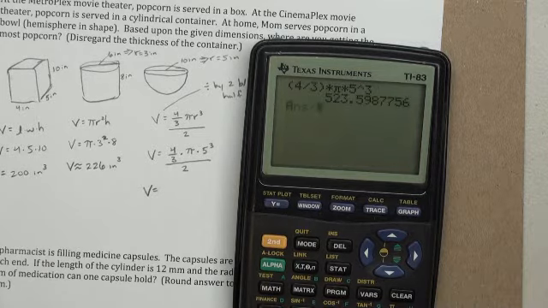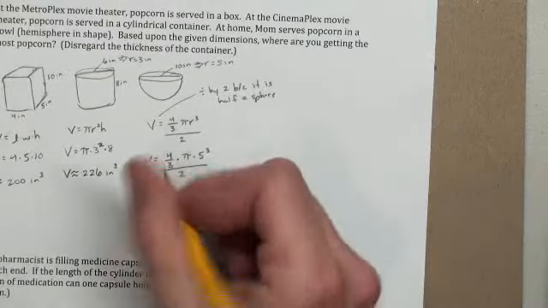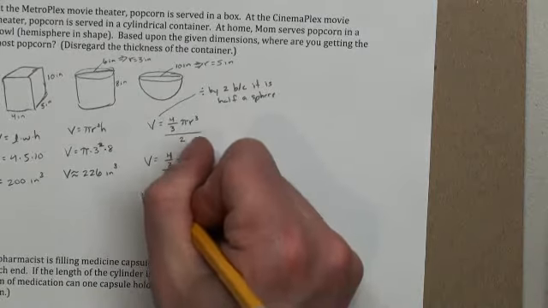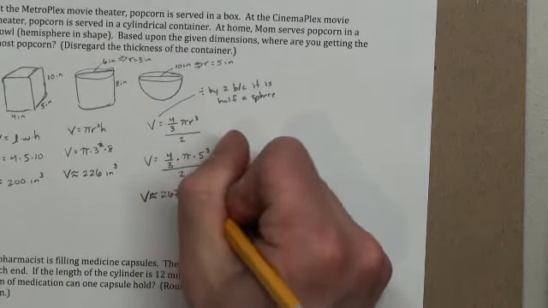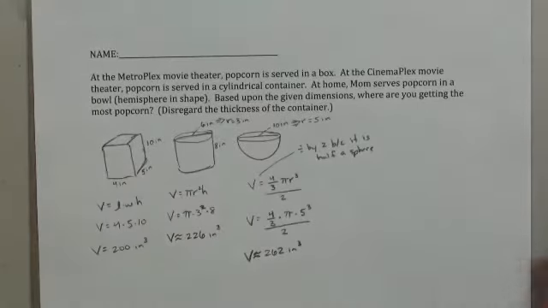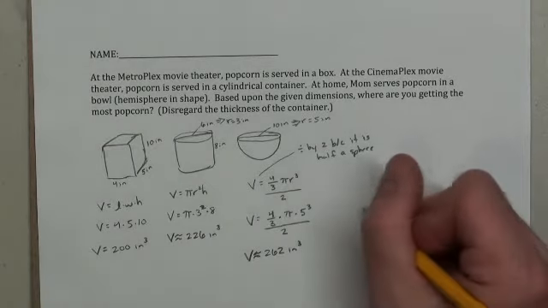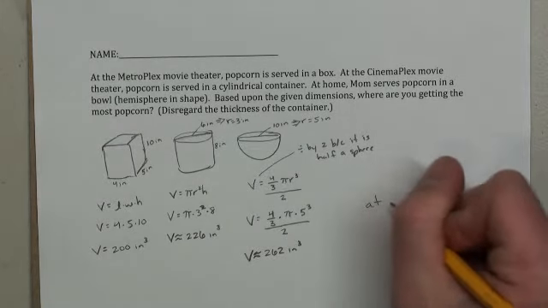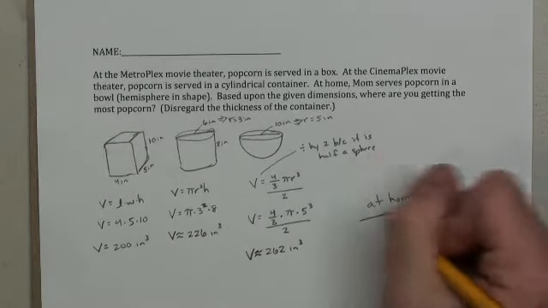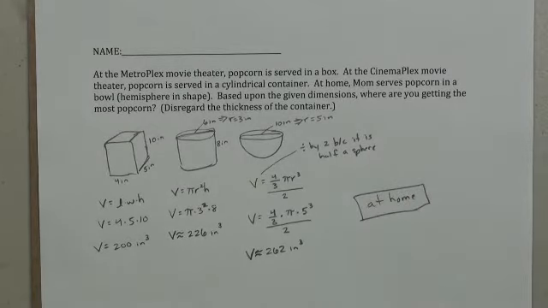Enter. Divided by 2, enter. Approximately 262 inches cubed. Where are you getting the most popcorn? At home. Okay?